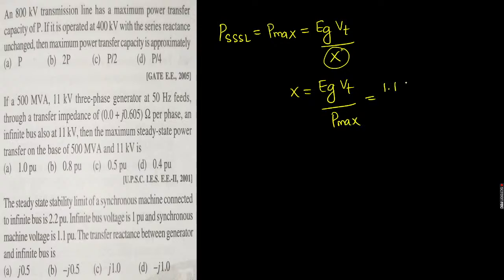Generator voltage was given as 1.1, terminal voltage is 1, maximum power is 2.2. If we cancel it, it will be 1 by 2. So the value of reactance will become 0.5 per unit. Option A is the correct answer.